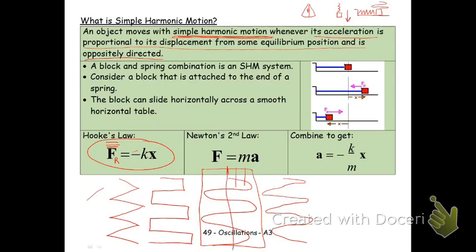Not everything follows that. Gravity doesn't follow this linear relationship with displacement, but springs do, and a lot of mechanical systems do actually. The k simply says it's constant. It's a constant of proportionality. Not every spring's the same. Some springs give you a big restoring force for a given displacement, so k would be big.